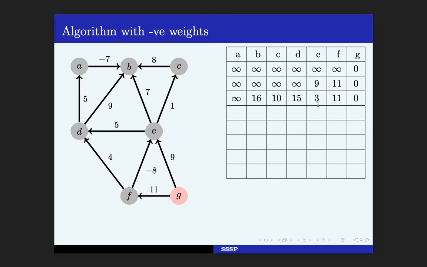Now for the next step, how many can I reach with 2 steps? This is where this beauty comes in, right? In the 2 steps, I am looking at, okay, what about E?